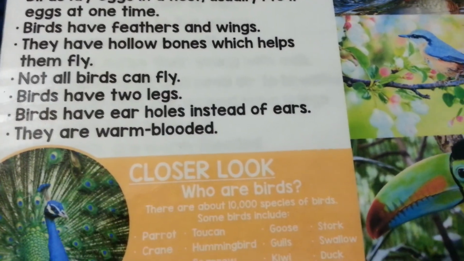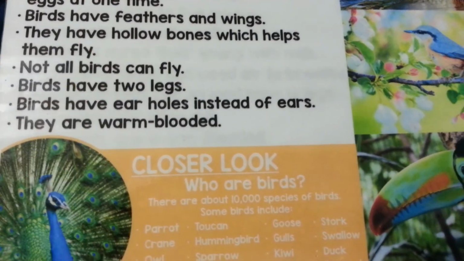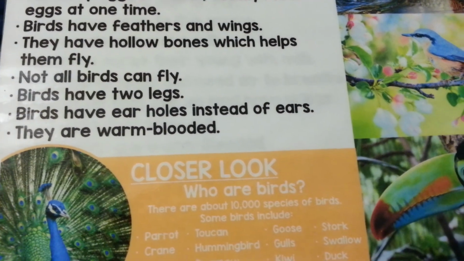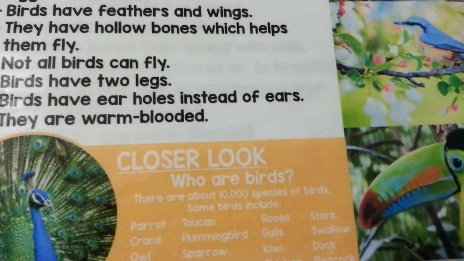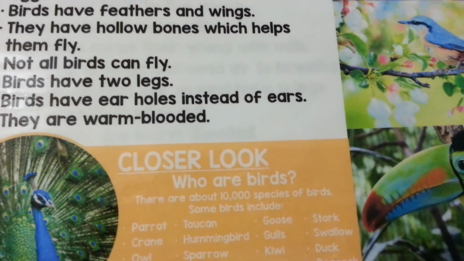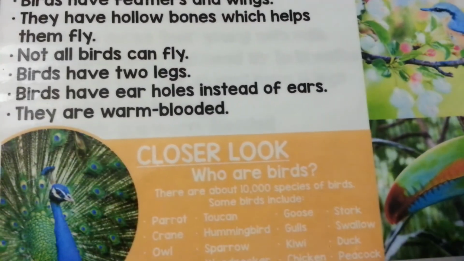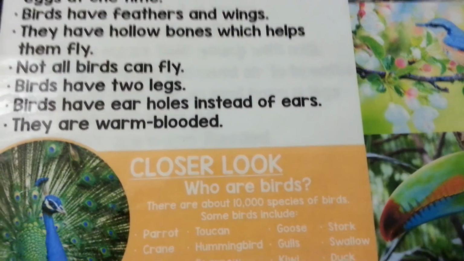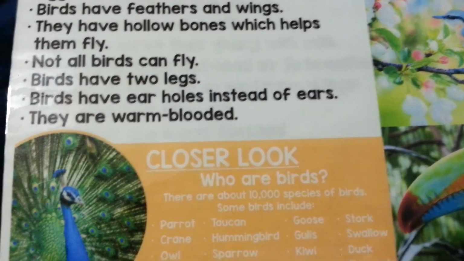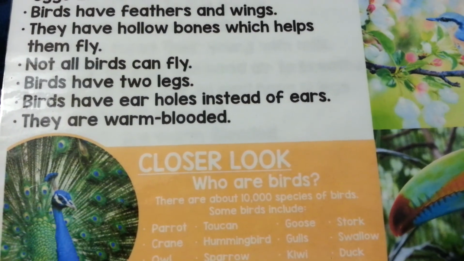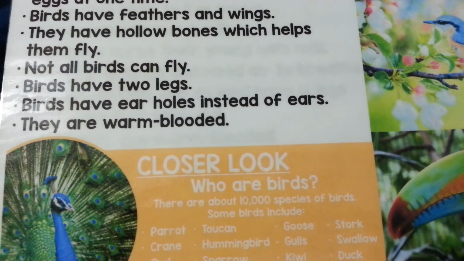They have hollow bones which help them fly, which is another distinguishing feature that's really interesting. If their bones were not hollow, like our bones are not hollow, they wouldn't be able to fly. That's one of the reasons we can't fly. Not all birds can fly. Now you can think of the penguin, you can think of the ostrich, you can think of the emu.